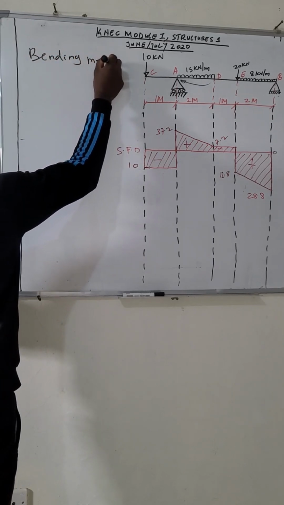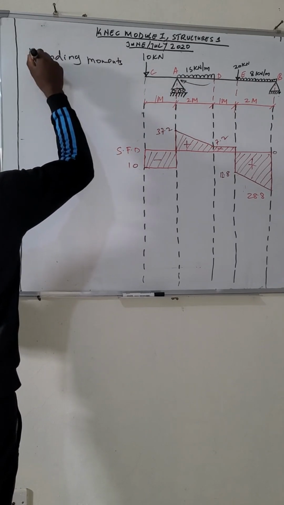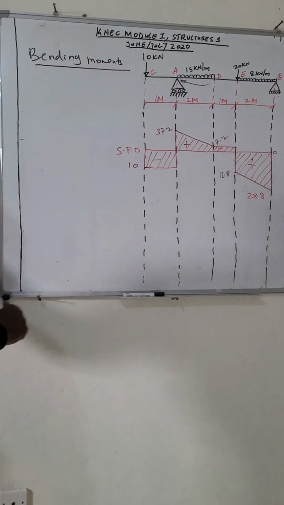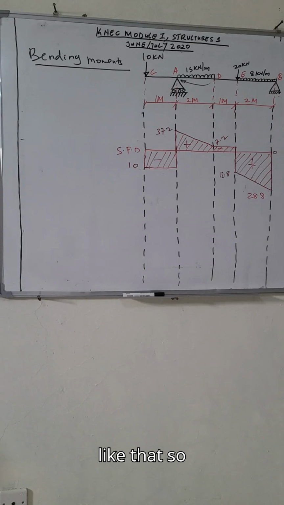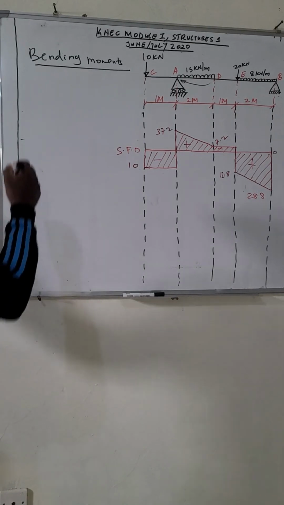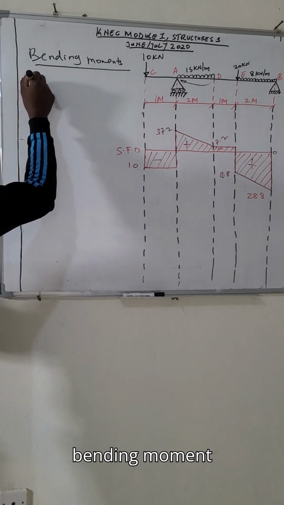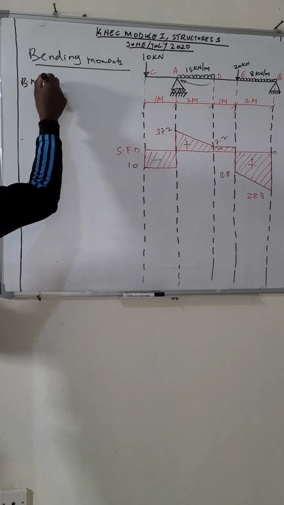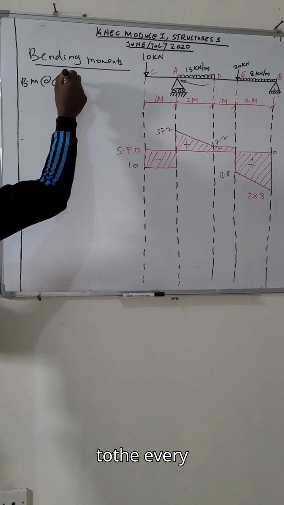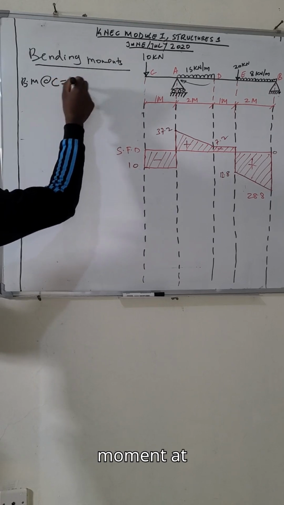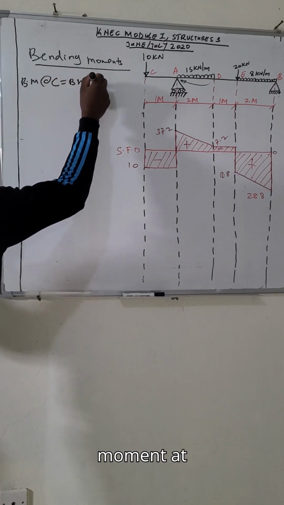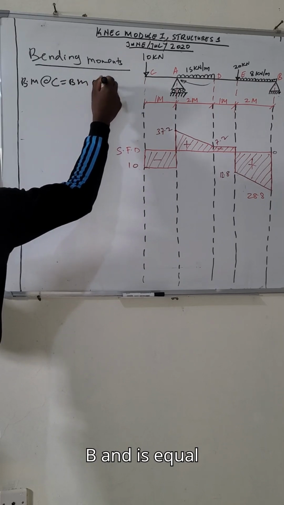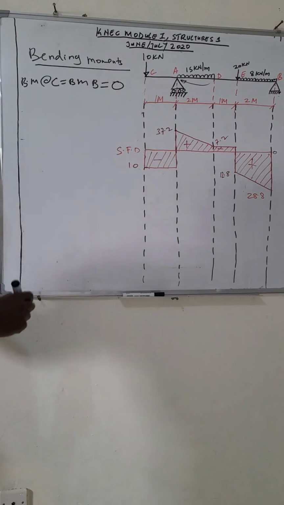The bending moments. Like that. So we know that bending moment at C is equal to bending moment at B and is equal to 0.